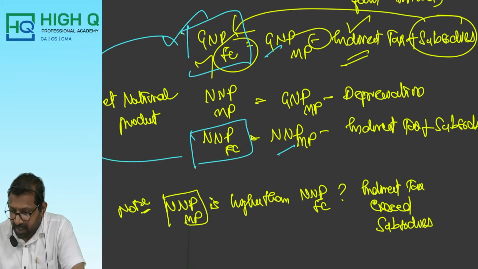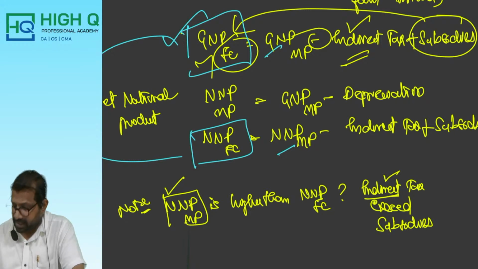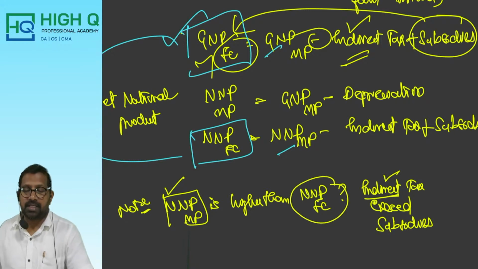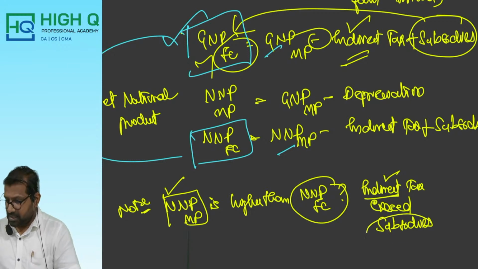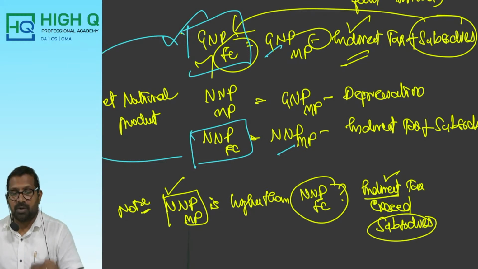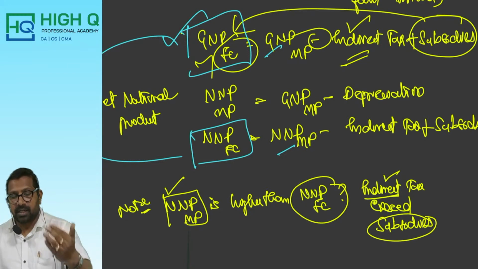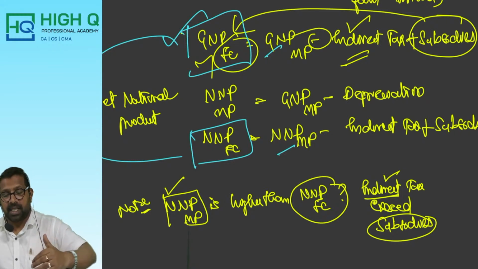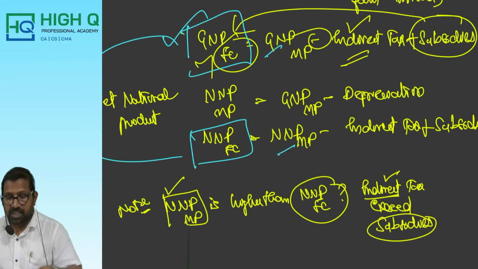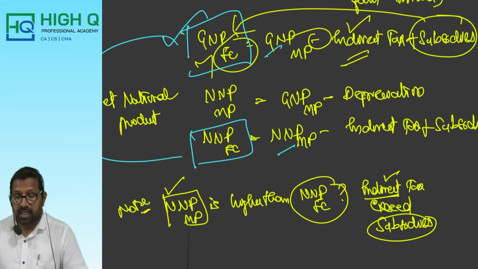In market price, you have to pay the indirect tax to promote the product in the market. That's why the NNP market price is always higher than the NNP factor cost. Even for factor cost, the subsidies provided by the government are less. Instead, the person is ready to pay the GST, the indirect tax, which is higher. So that's why the NNP market price is always higher than the NNP factor cost.